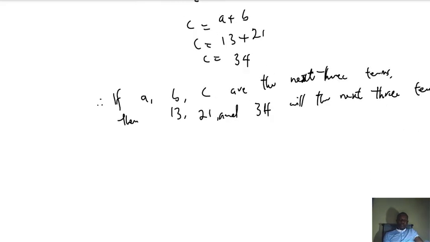So that is how we find them. So 13, 21 and 34 are the next three terms we were looking for.